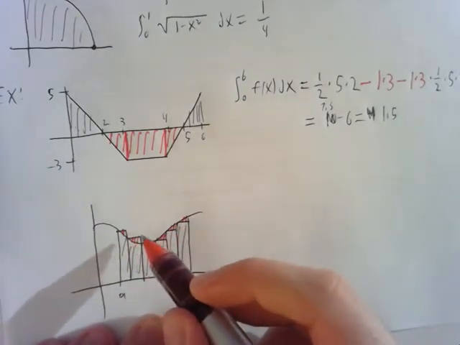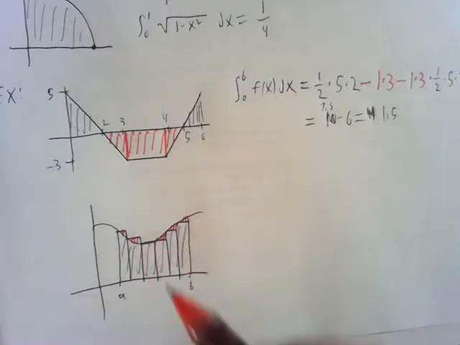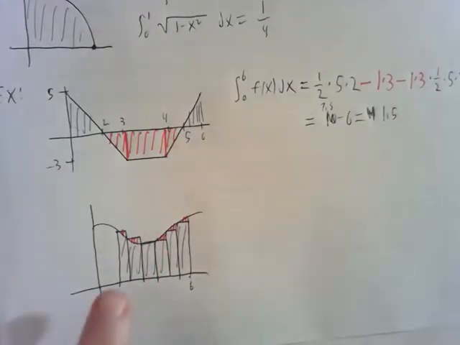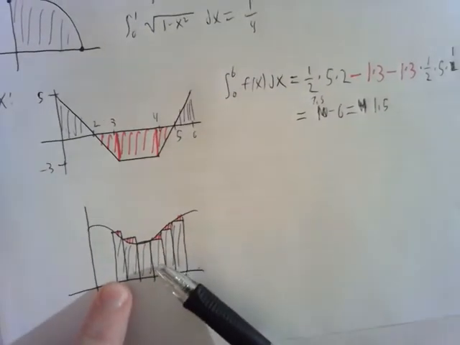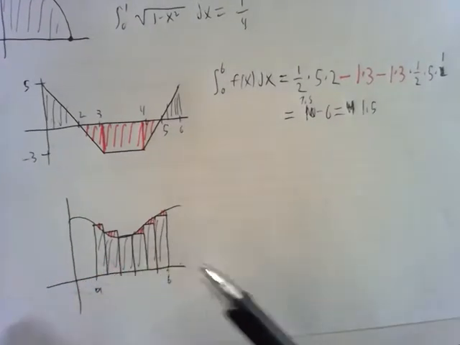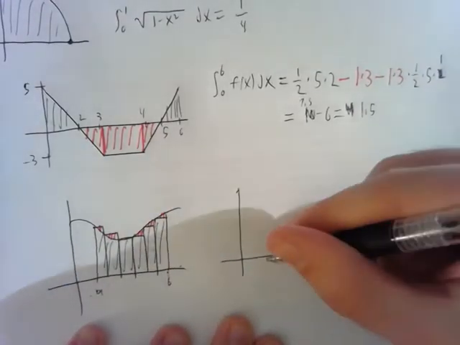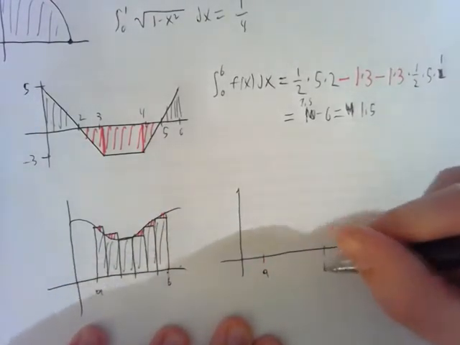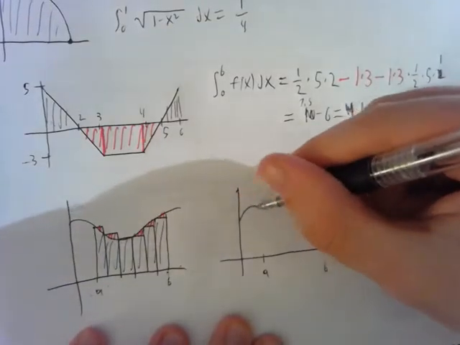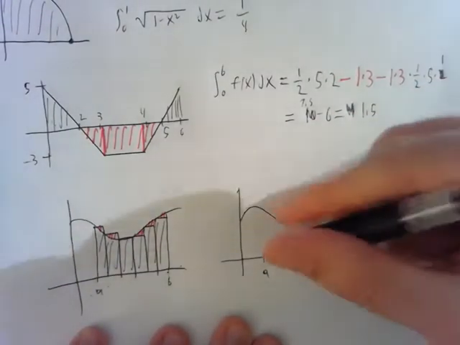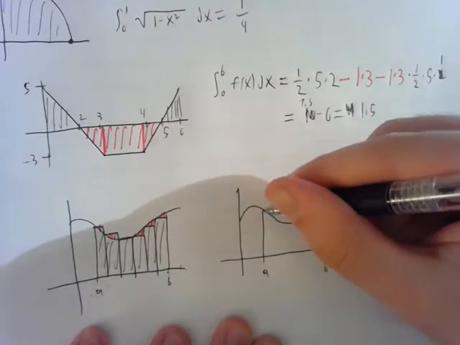So I can find the area of all these rectangles easily enough, but it's not going to actually give me the area that I want. It's just an approximation to the area. If I want a better approximation, then what I could do is use even more rectangles.